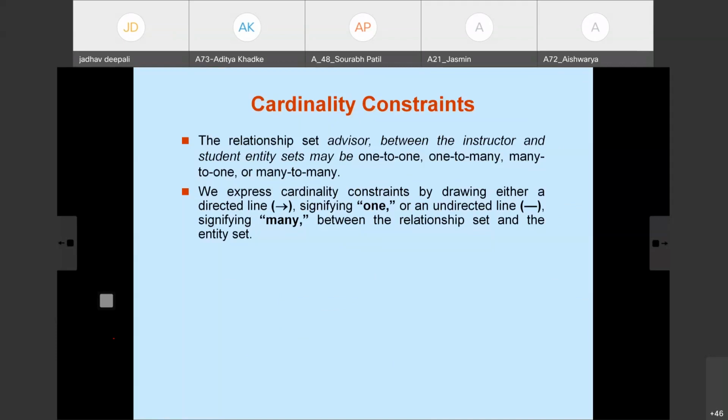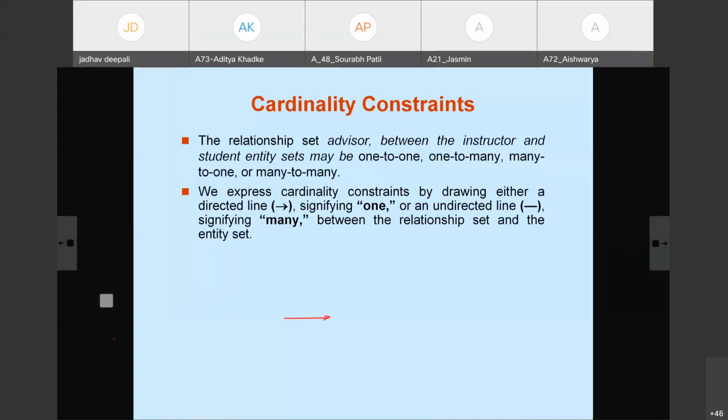So we express the cardinality constraint by drawing either a directed line, which indicates 1, or an undirected line, which indicates many. The directed line represents 1 and the undirected line represents many. In that way we represent the cardinality constraint in the ER diagram.